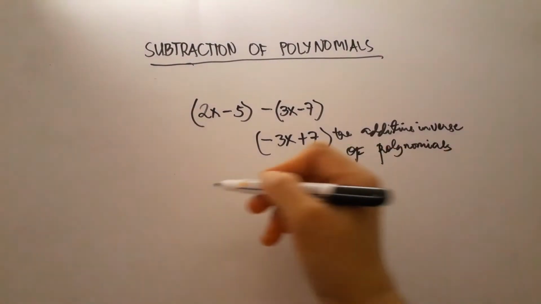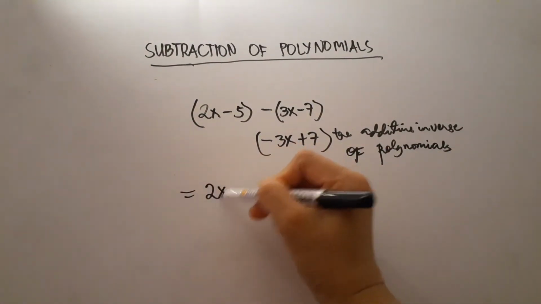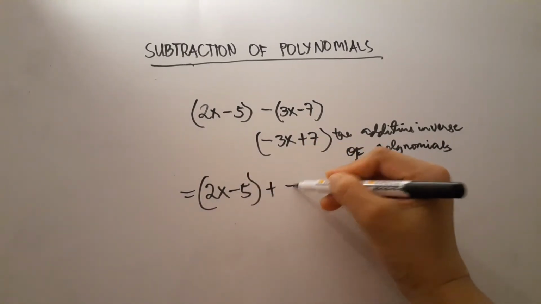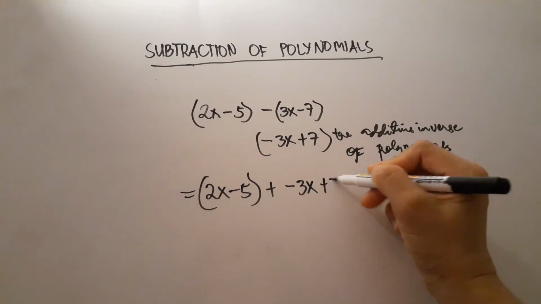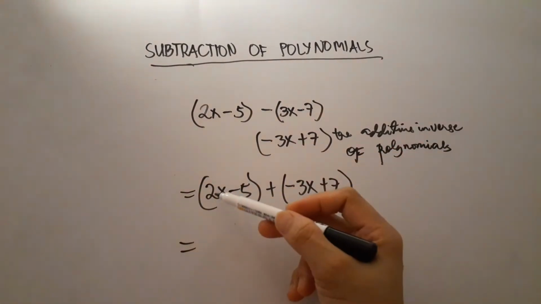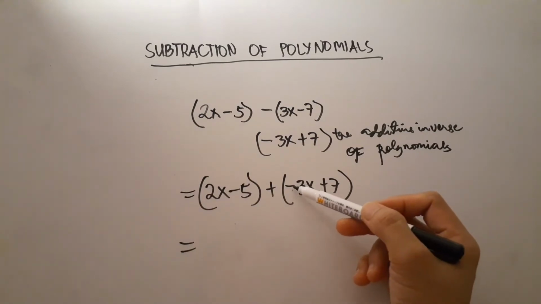And then solve 2x minus 5 plus the additive inverse, which is negative 3x plus 7, so 2x plus negative 3x.